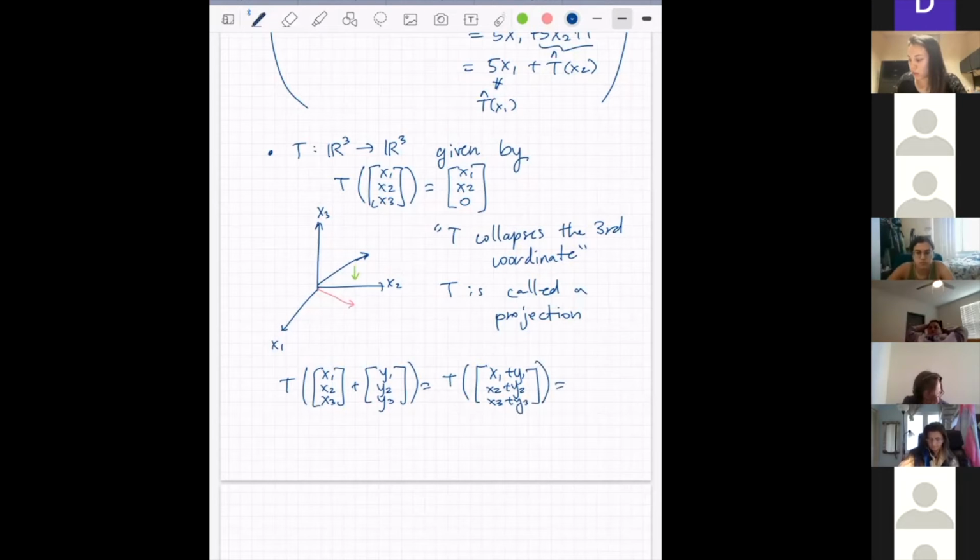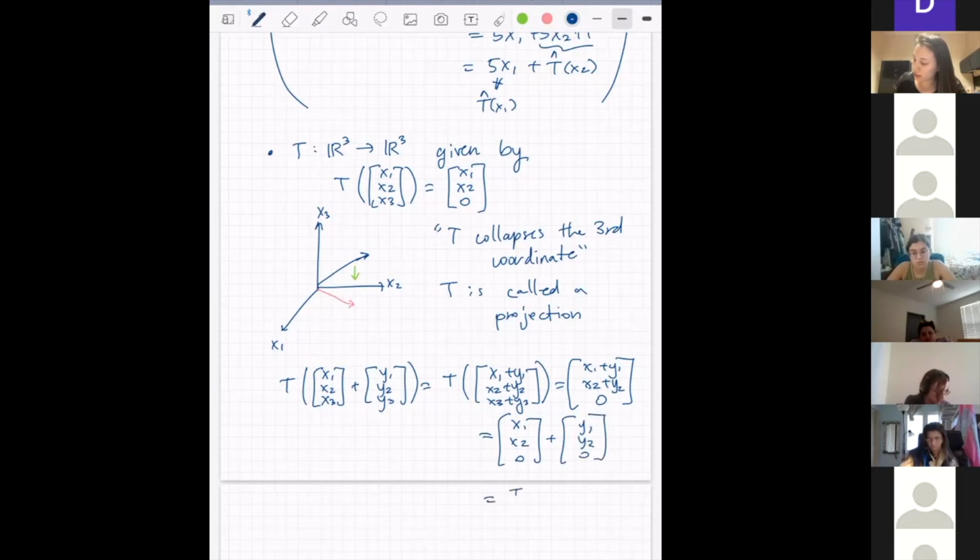The image of this is x1 plus y1, x2 plus y2, and the last coordinate is 0. Then we can split those into two vectors. So we would get x1, x2, 0 plus y1, y2, 0. And that is t of x plus t of y. Okay, so that's the first property.